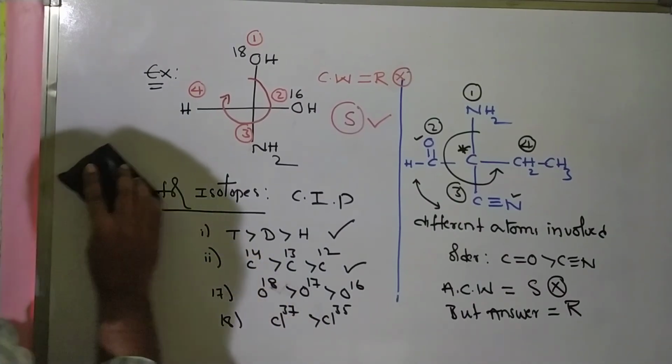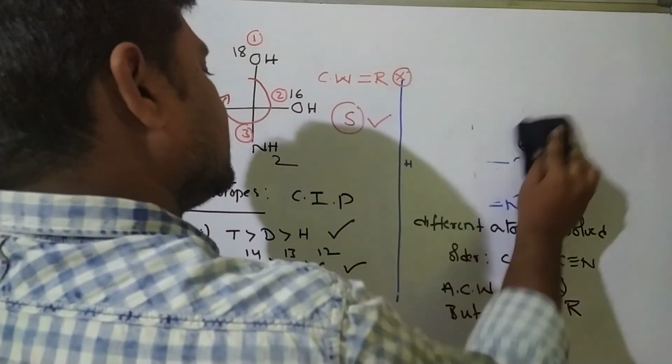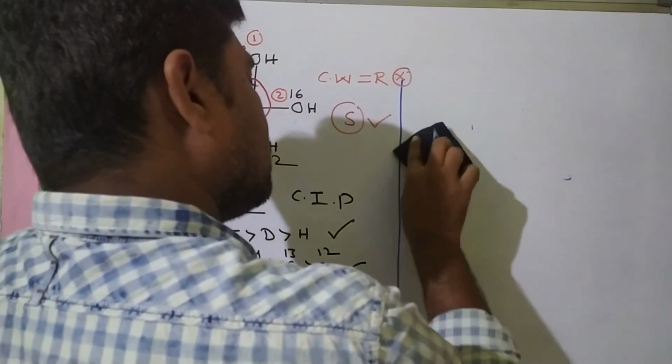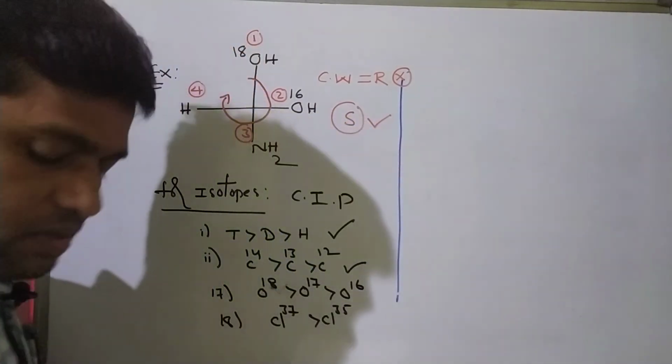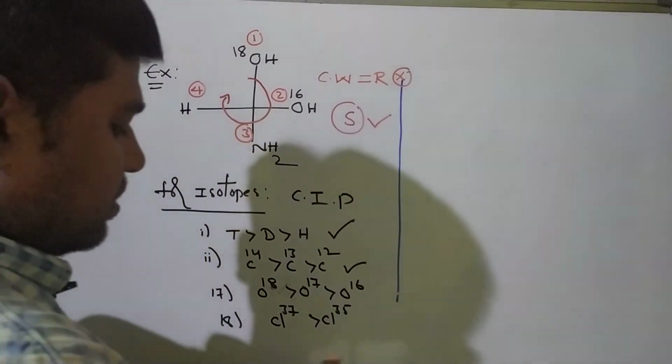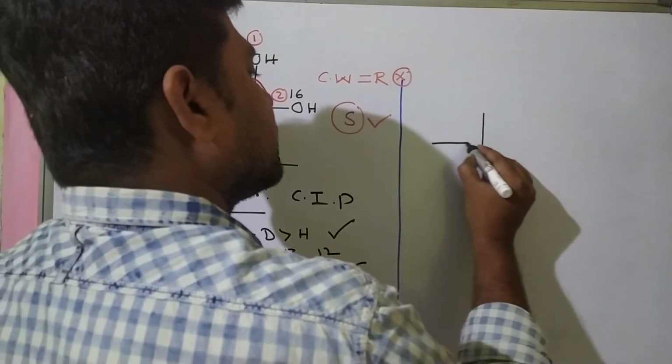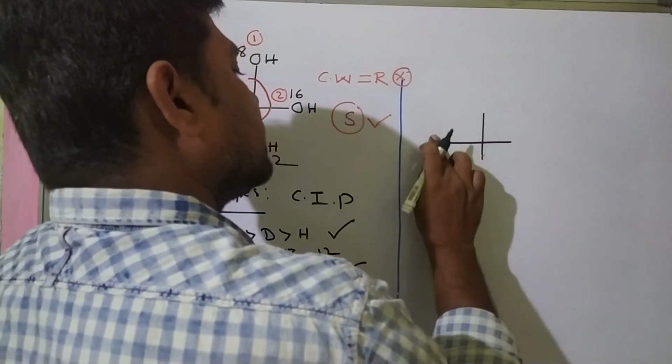So this is the EZ configuration. Sorry, RS configuration. Okay, please note, students. Next, the last example. So here hydrogen atom.